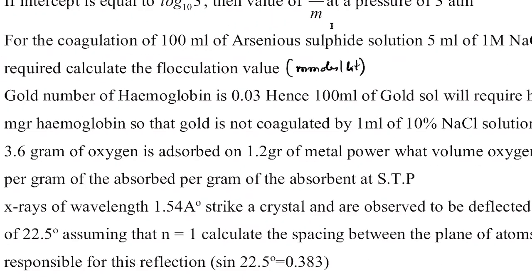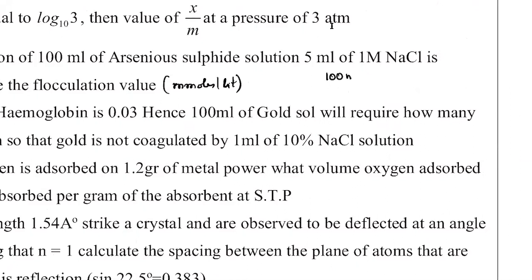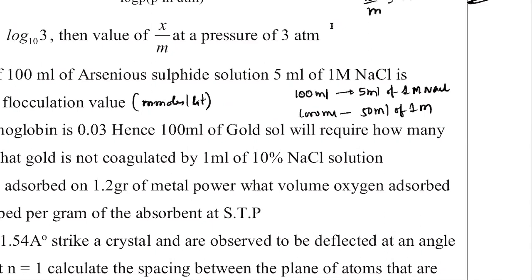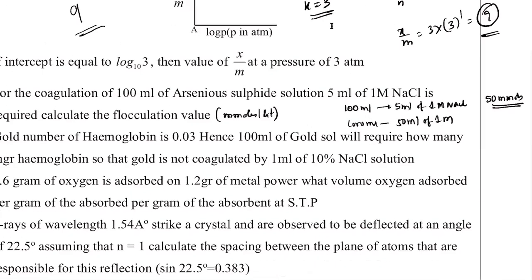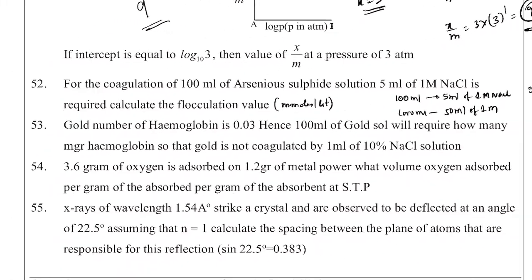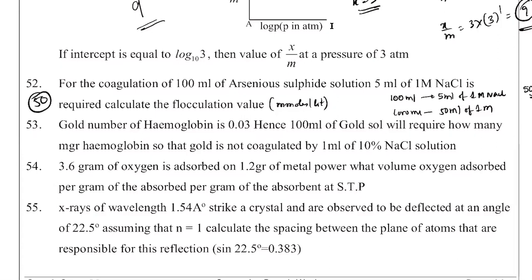For 100 ml of solution we require 5 ml of 1 molar NaCl. So if I take 1000 ml, that would require 50 ml of 1 molar NaCl, which is 50 millimoles. The answer asked is in millimoles per liter, so that should be 50 millimoles. Okay, simple question there.